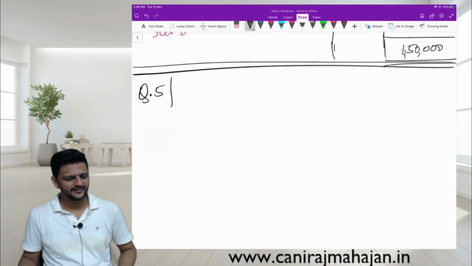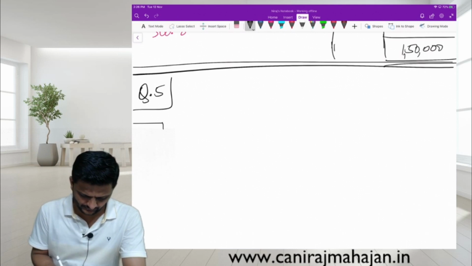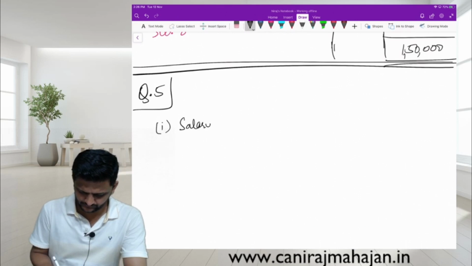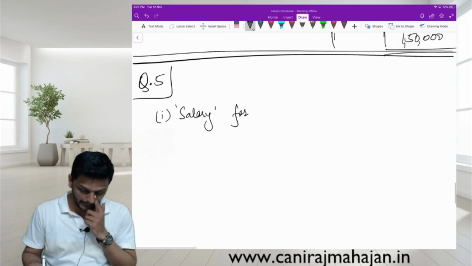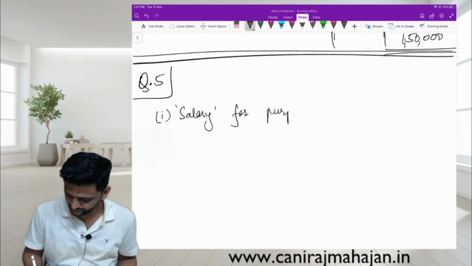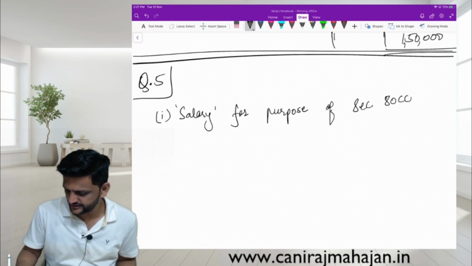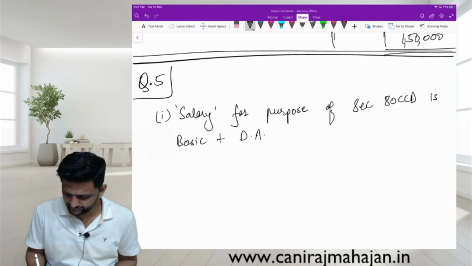Question 5. Explain tax treatment. Point number 1. Salary for purpose of section 80CCD is basic plus DA forming part of retirement benefits.